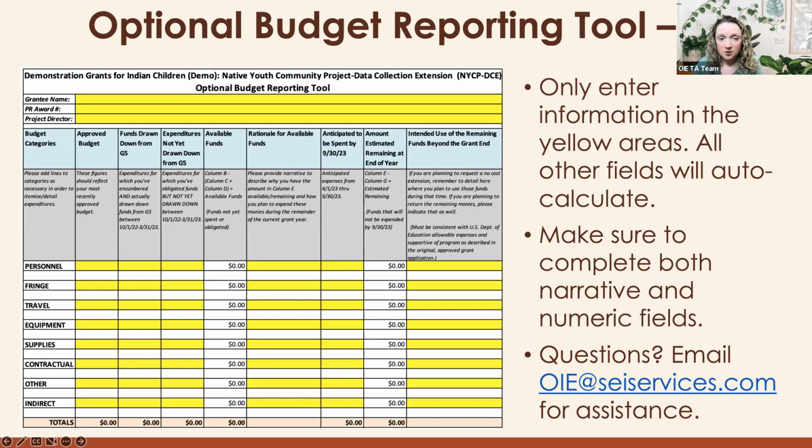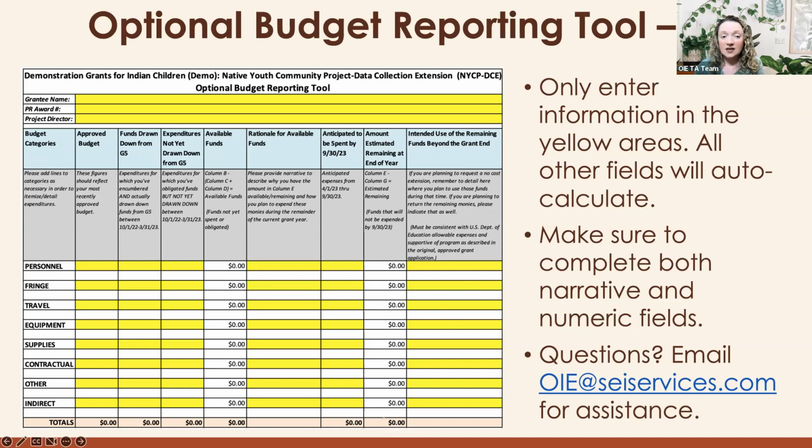If so, put that amount here. If not, how much do you think you can spend by the end of the grant year? Based on your predictions, that will then calculate how much money, if any, you may have left at the end of the grant year. If you don't anticipate having any money left at the end of the grant year, you don't have to fill out this last column.